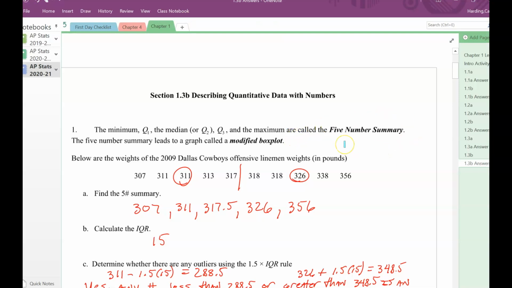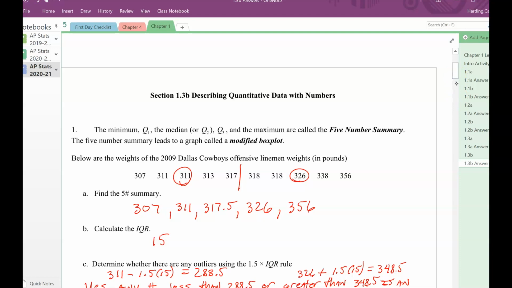These are called the five-number summary, and the five-number summary is what we use to build a modified box plot. This is another display of quantitative data. It does not show you the individual data values from the set. It shows you just a snapshot of the important points that you want to pay attention to.